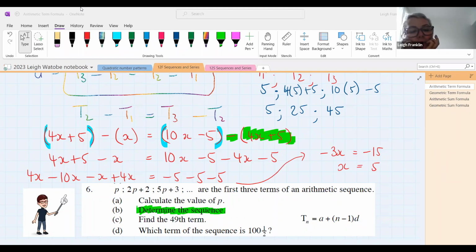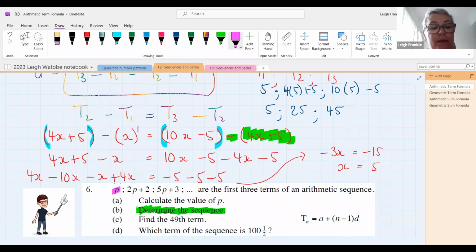Snetemba, you're struggling with B. Remember, you've got to sub back in, Snetemba. So once you've worked out what P is, go and substitute it back in. Okay, up here, this is where you're subbing it into. So once you know what P is, you're going to sub it in here, and then to the second term, and then to the third term.